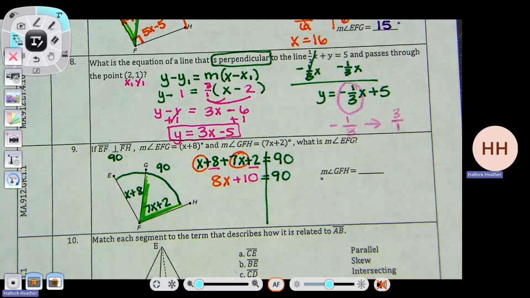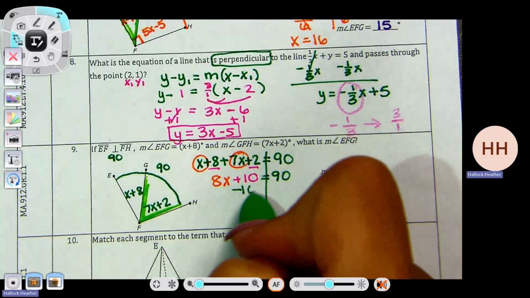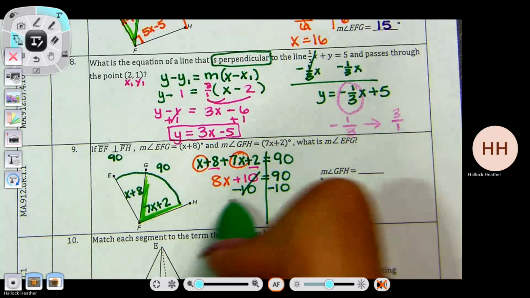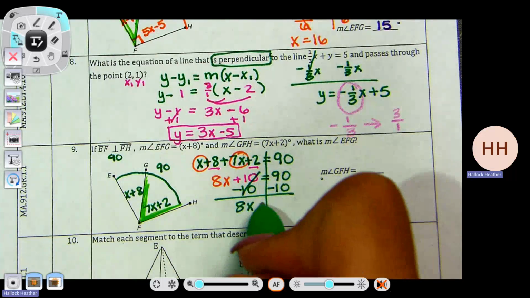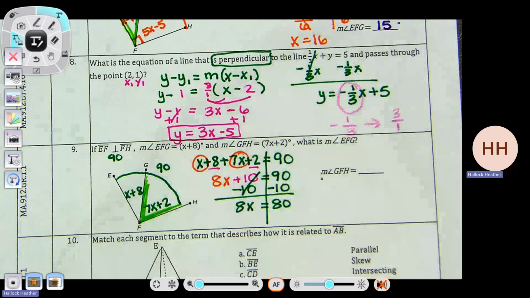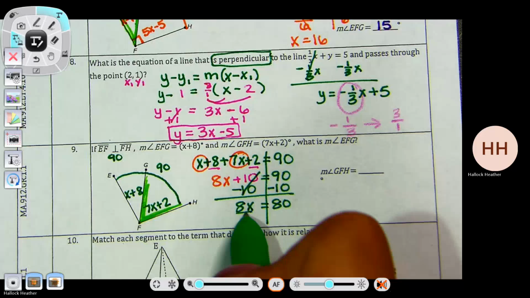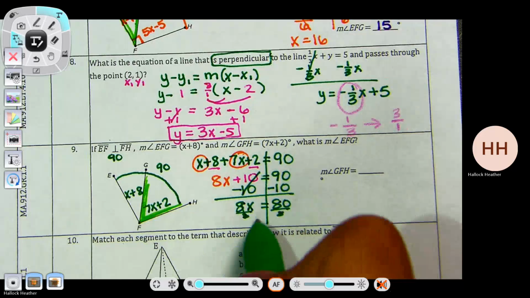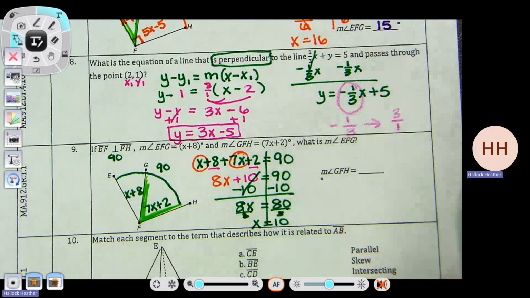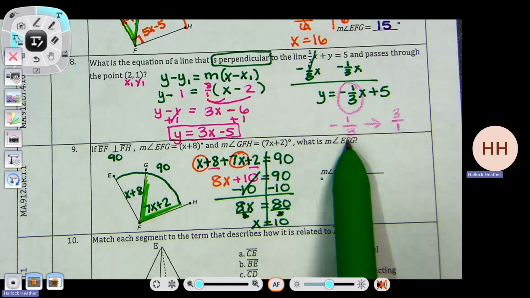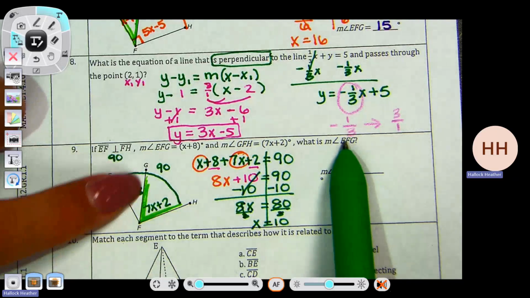And then I subtract 10 from both sides. So I have 8x equals 80. And then I divide by 8. So x equals 10. If I plug it back into EFG, EFG is the skinny piece.